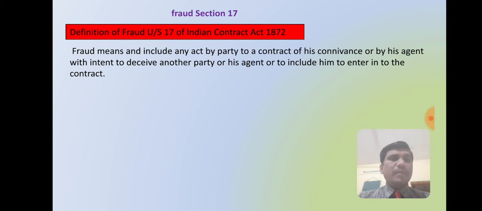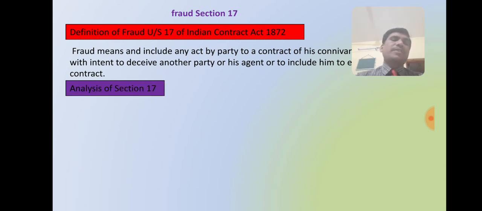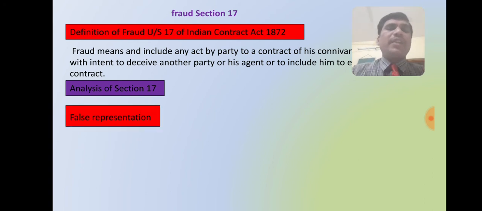If a fraud is committed against the parties, it means some information is concealed. If there is no necessary disclosure on the part of the promisor, then such a contract is called a contract caused by fraud. Analysis of section 17: according to section 17, fraud is defined. First, there must be a false representation.